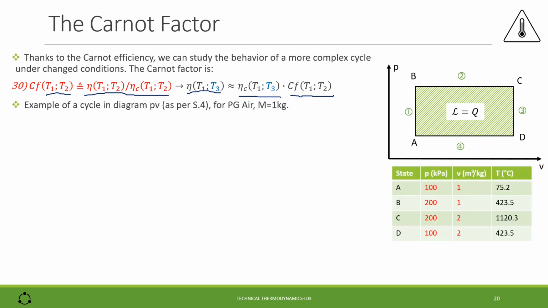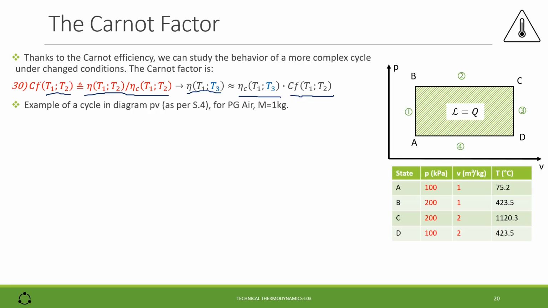Let's do an example in the diagram PV as seen at slide number 4, for a perfect gas and a unitary mass. We write here in the table the corresponding values of the states of the cycle. The state A has pressure 100 kilopascal and 1 cubic meter per kilogram as a volume, and the temperature is 75.2 degrees.